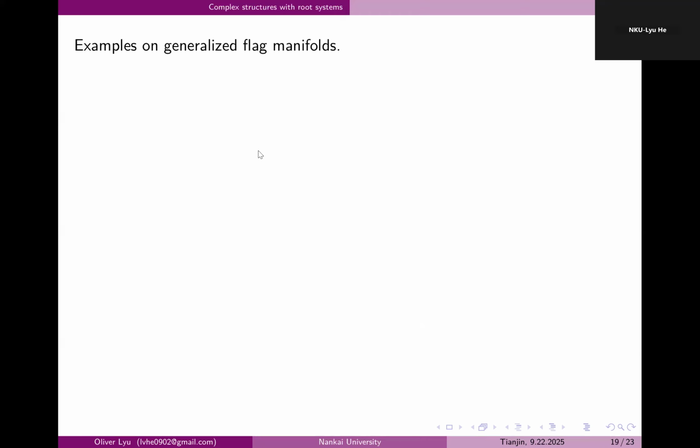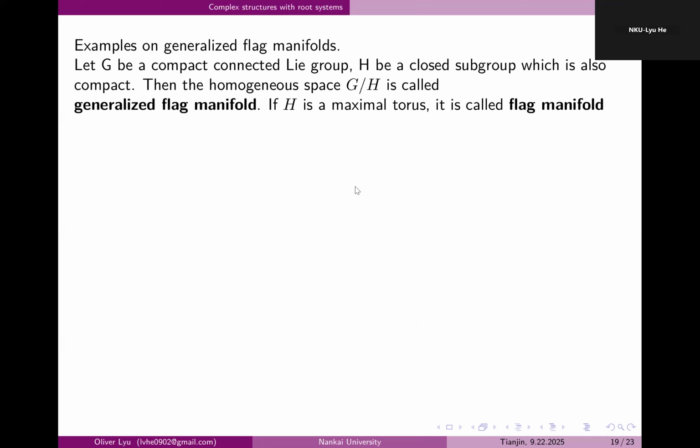And we make some examples about the generalized flag manifolds. Okay, what are generalized flag manifolds? Let G be a compact, connected Lie group, and H be a closed subgroup, which is also compact.